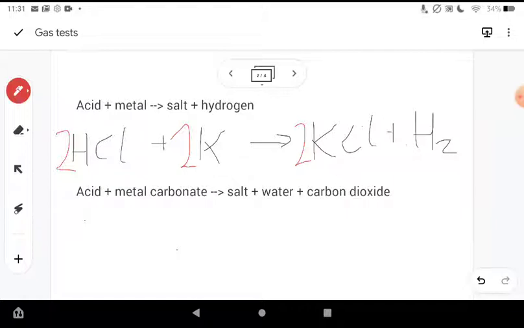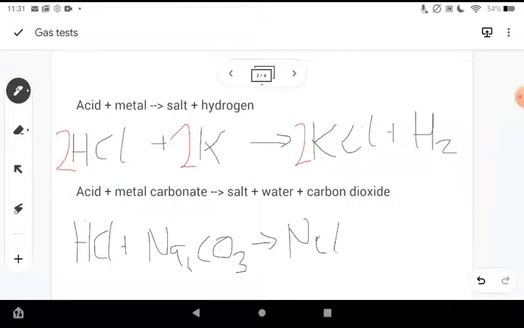The other quite common one is this one, which is a metal carbonate. So if we take, let's say, hydrochloric acid and react it with, I don't know, sodium carbonate, Na2CO3, what I will get is my salt, so sodium chloride, in this case NaCl, plus water and also carbon dioxide.